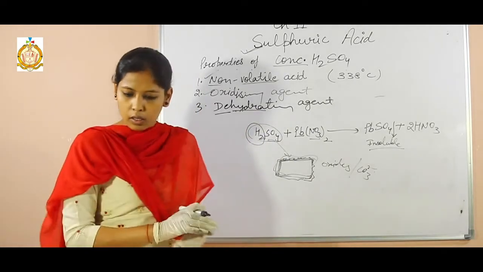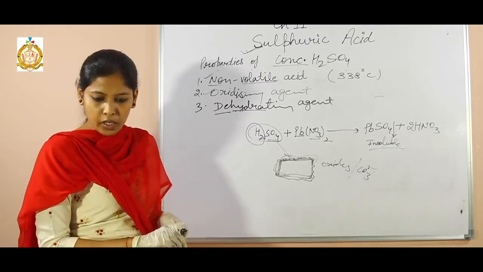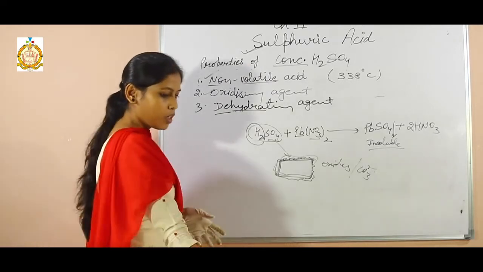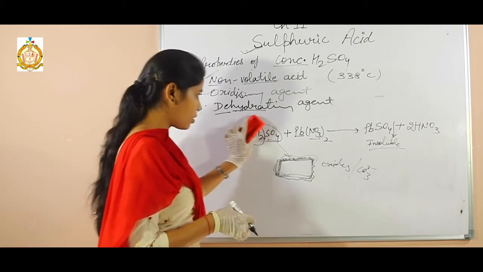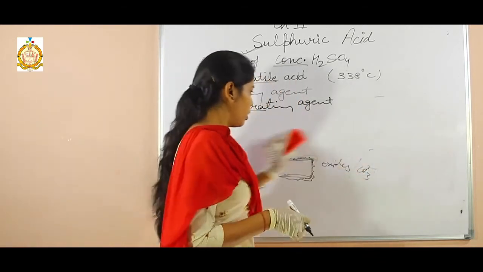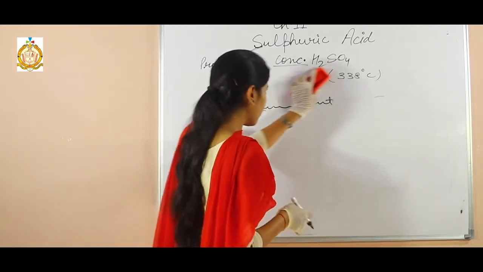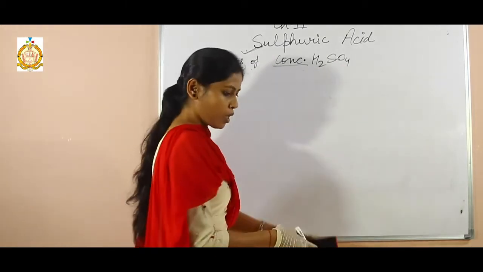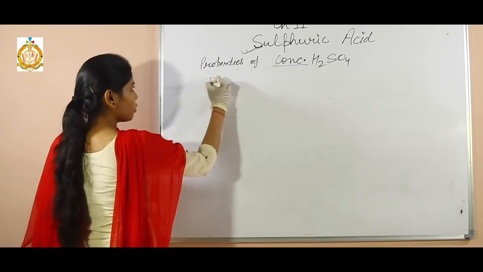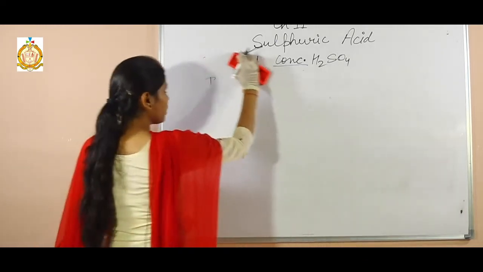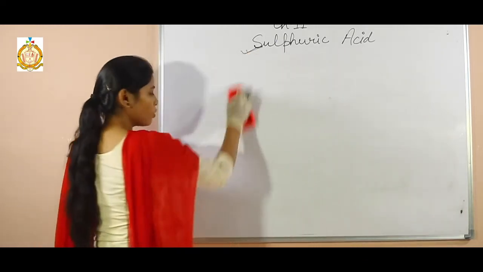Next one is the test for sulfuric acid. How can we test whether the given acid is sulfuric acid or not? We can do that with the help of some other reagents.